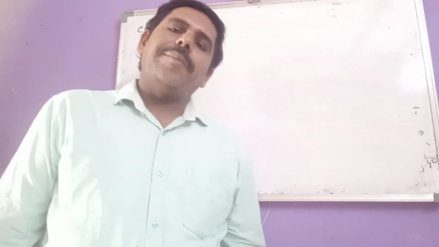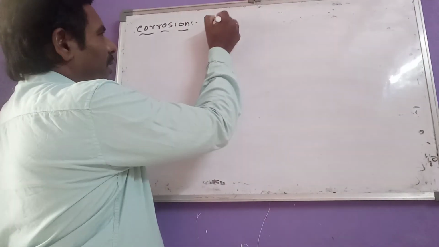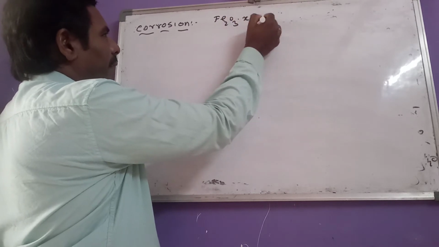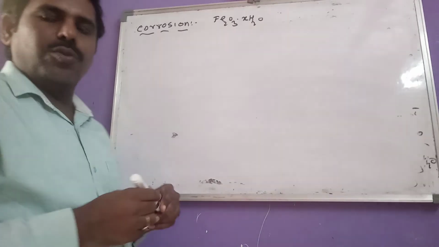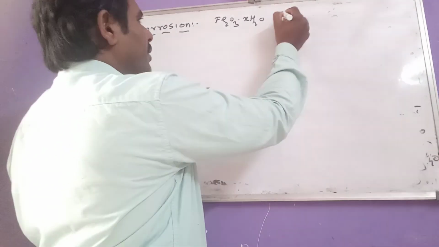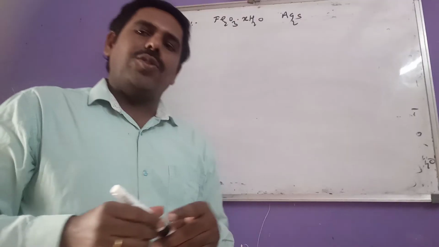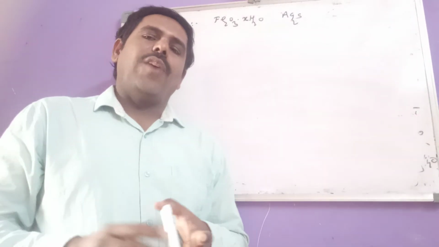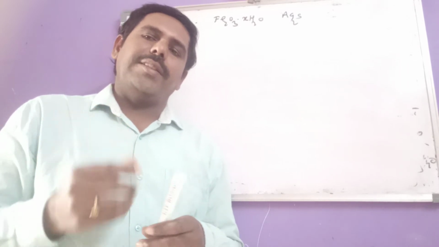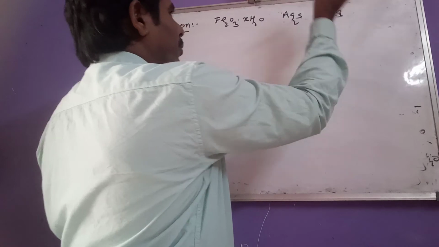What are the examples? Rusting of iron, where the product is Fe2O3·xH2O. Tarnishing of silver, where silver converts into Ag2S. And the formation of a green layer on copper vessels, which is CuCO3.